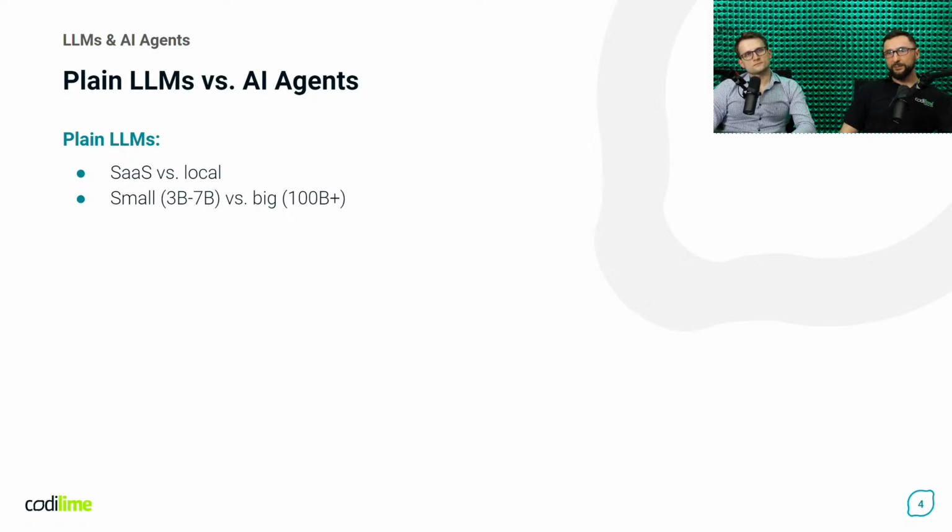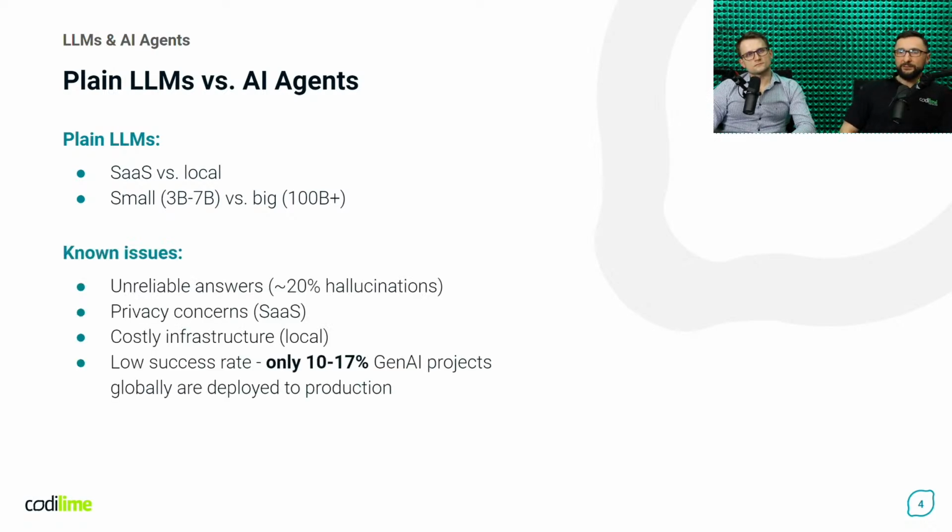And then to better understand why we are even talking about the need for AI agents, let me briefly mention the known issues of plain LLMs. So what we need to handle, why we need AI agents. First of all, there are unreliable answers. The industry average here is that around 20% of the prompts end with hallucinations. There are privacy concerns, mostly with SaaS offerings of the models.